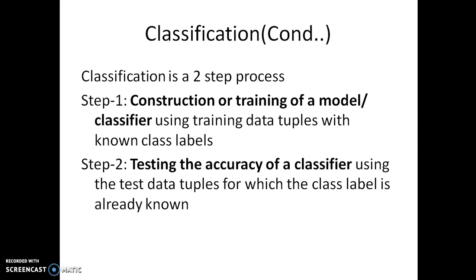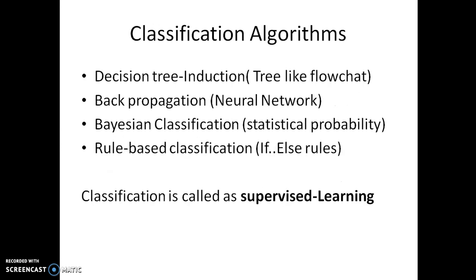Generally this phase is carried out using a separate set of data samples, the test data set. Once the accuracy meets the expected level, we use that classifier for predicting the class label of new data tuples.